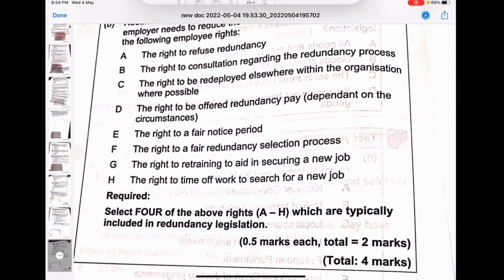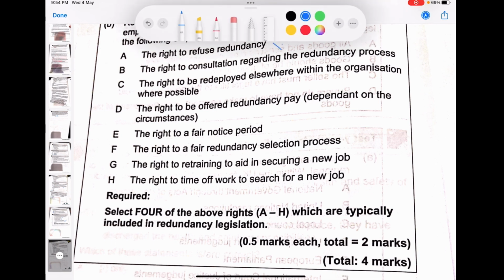The right to refuse redundancy, that is not included. The right to consultation regarding redundancy, that is included. The right to be redeployed elsewhere within the organization, that's also not included. The right to be offered redundancy pay, that is there. The right to a fair notice period, yes. The right to a fair redundancy selection process, yes. The right to retraining, no. The right to time off work to search for a new job, no.